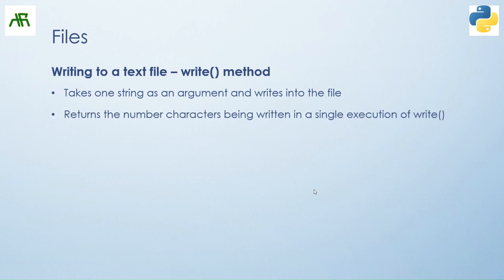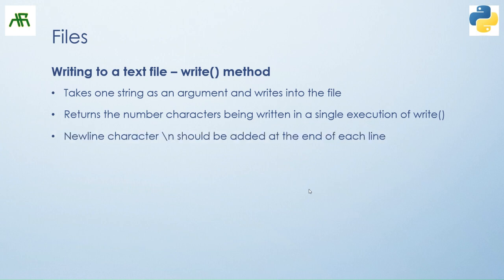And it returns the number of characters written in a single execution of write. For example, I write a string. The string will have so many characters. For that write instance, how many characters have been written in that one string? That will be returned by that function. New line characters should be added at the end of each line. This is mandatory in the case of the write function.